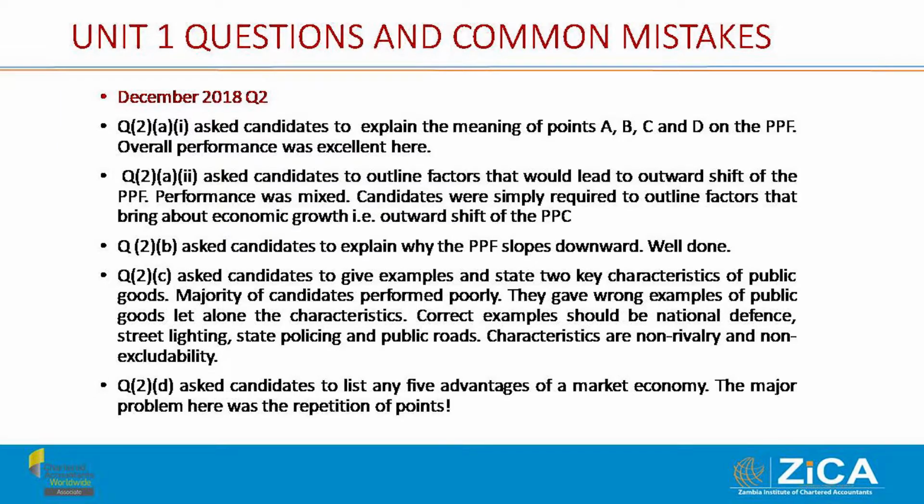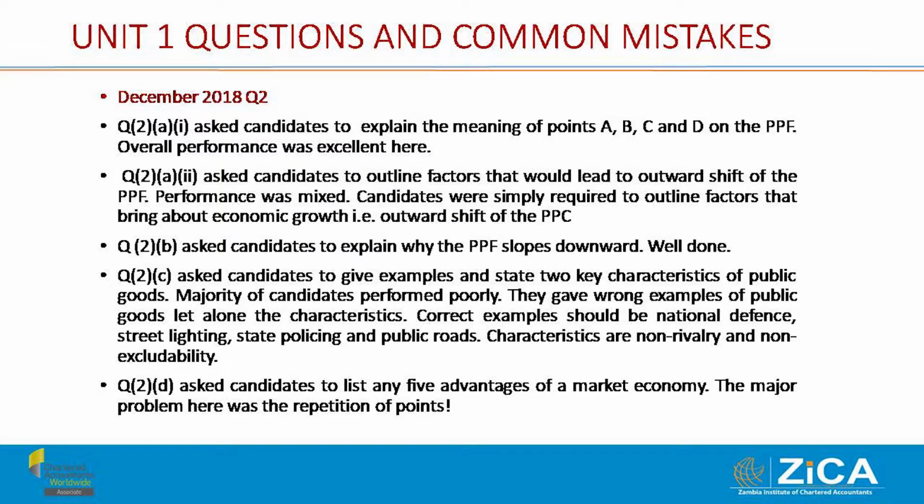The next part of the same question required candidates to understand what factors would lead the production possibilities curve to shift, and the candidates were also required to bring out the characteristics of public goods as well as merit goods. So it is very important that candidates understand these basics, as we have alluded to.